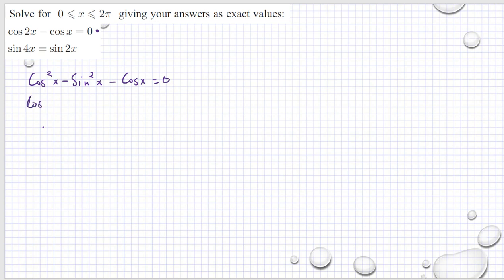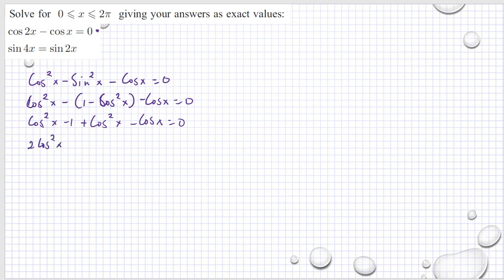We have cosine squared x minus 1 minus cosine squared x, minus cosine x is equal to 0. So we have cosine squared x minus 1 plus cosine squared x minus cosine x is equal to 0. So we have 2 cosine squared x minus cosine x minus 1 is equal to 0.